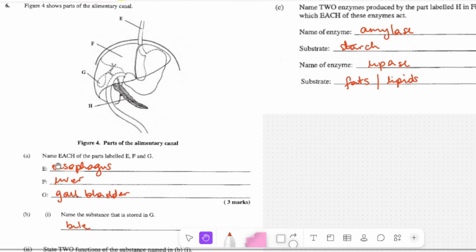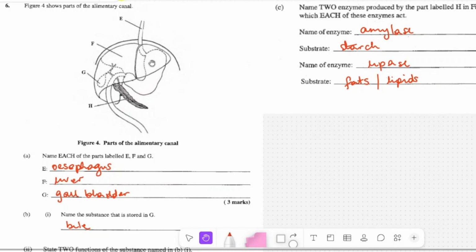A, name each of the parts labeled E, F, and G. Without even just focusing on E, F, and G, we should be able to name all of these parts. So E, you can look where it is ending up, or where is it going to. We should know that this J-shaped bag here is the stomach.